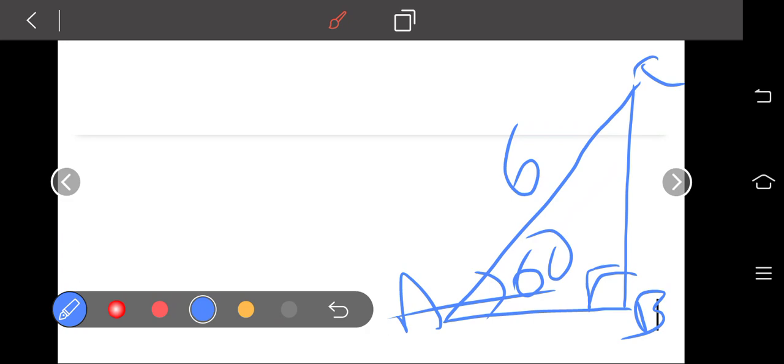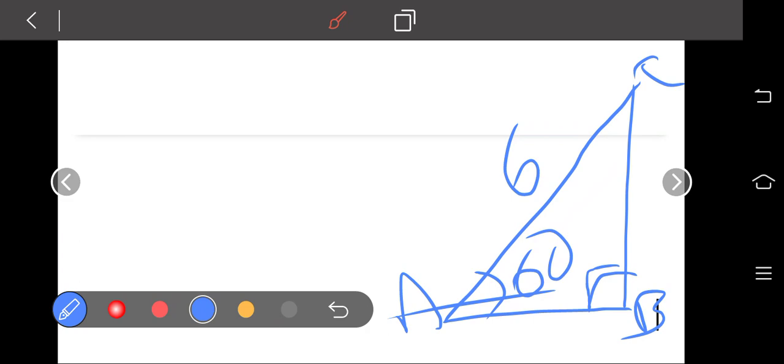Here they gave you the hypotenuse, and they are asking you the value of the opposite to theta. So opposite by hypotenuse is the ratio sine theta.